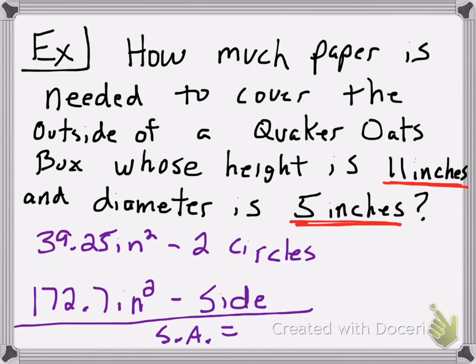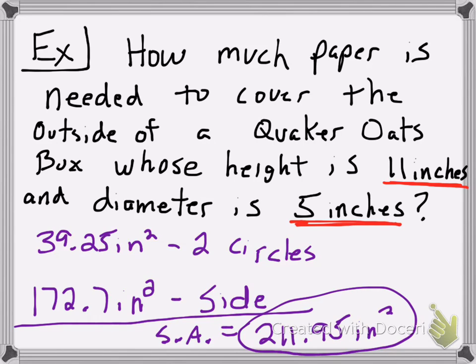So I'm going to take 39.25 plus 172.7. Sorry. And I get 211.95 inches squared. That's how much paper would be needed to cover the Quaker Oat box.